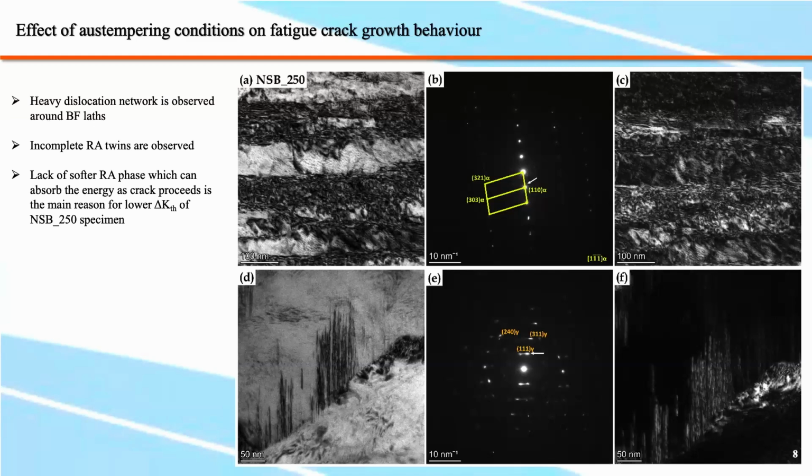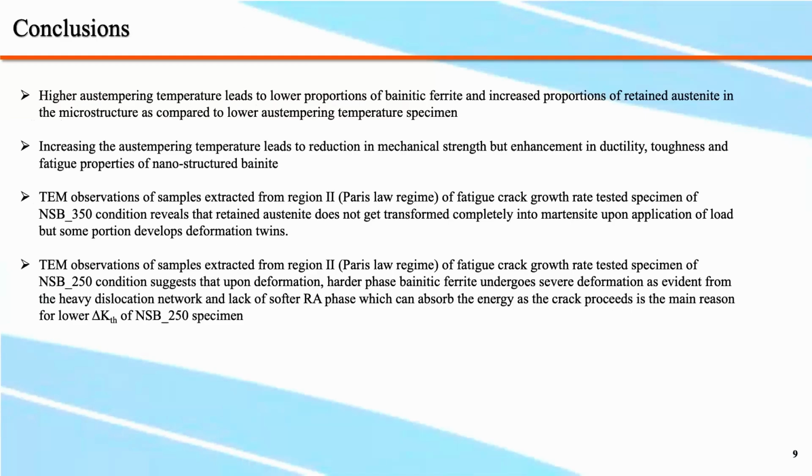So as a result of that, we could come to the conclusion that once we have a higher austempering temperature, there will be lower proportions of bainitic ferrite and increased proportions of retained austenite. That increased proportion of retained austenite will result in enhancement of ductility and toughness, while the increased proportion of bainitic ferrite will lead to enhancement of mechanical strength.